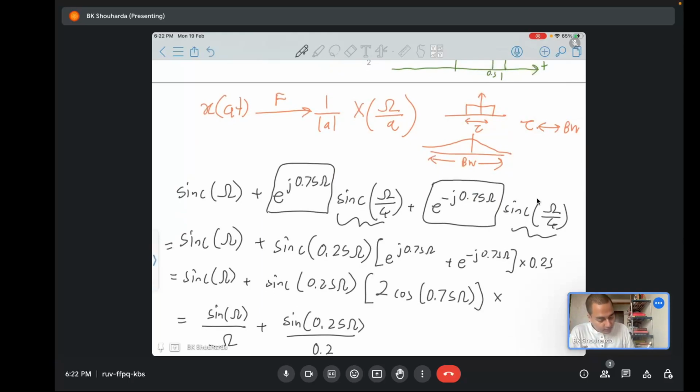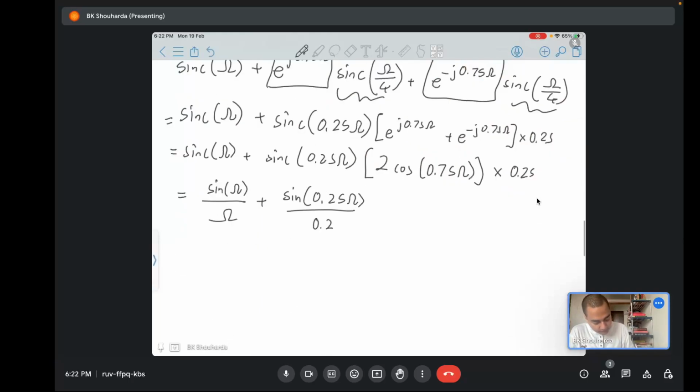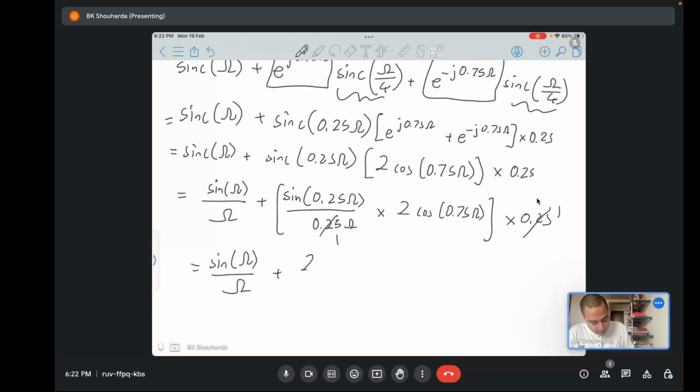This will also be 0.25 omega times 2 cos of 0.75 omega. Cancel them: sin omega upon omega plus 2 sin 0.25 omega cos 0.75 omega upon omega.